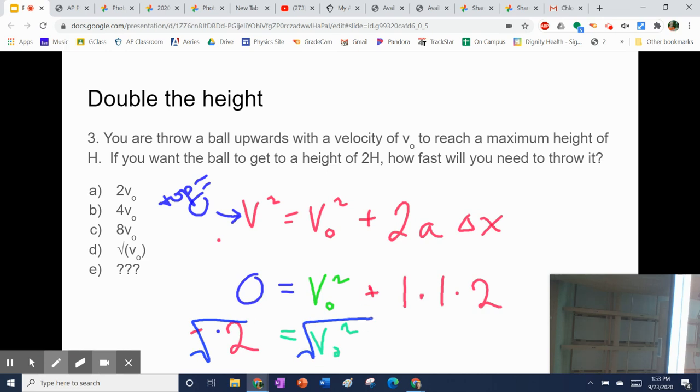So it should be the square root of 2. So E, none of the above. Square root of 2 times v naught. That'll be your answer.